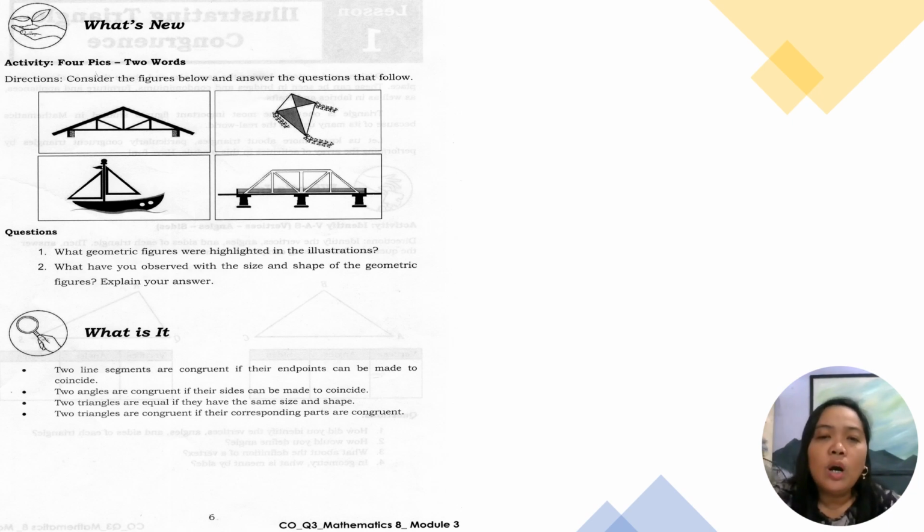Let us draw line segment AB. Shall we call this line segment AB? And we will draw another segment. Let us call this segment XY.